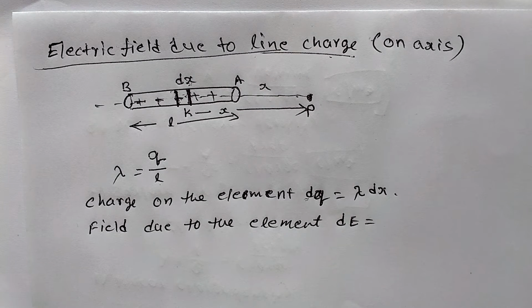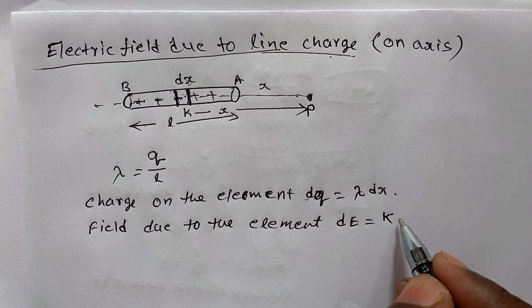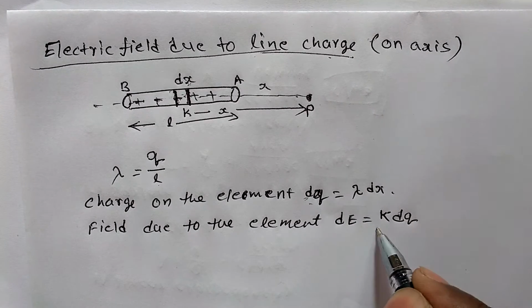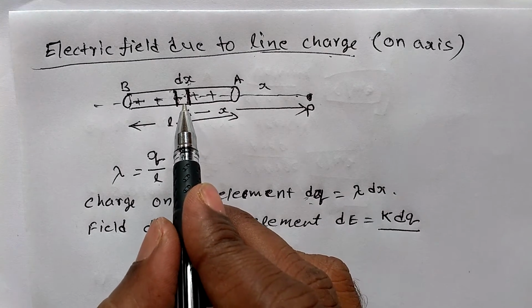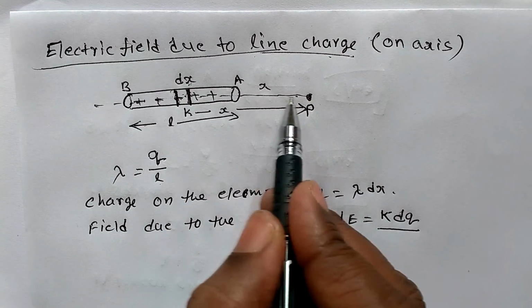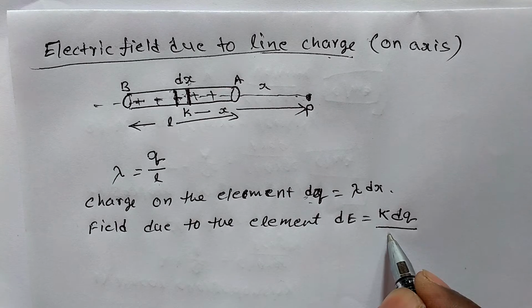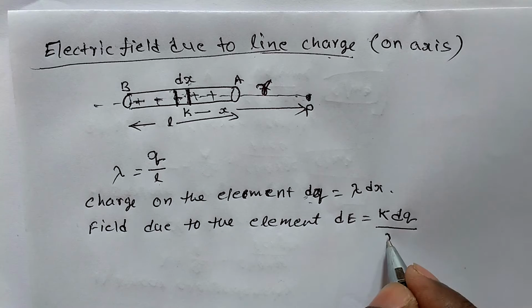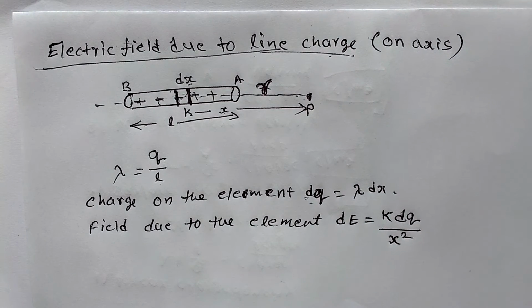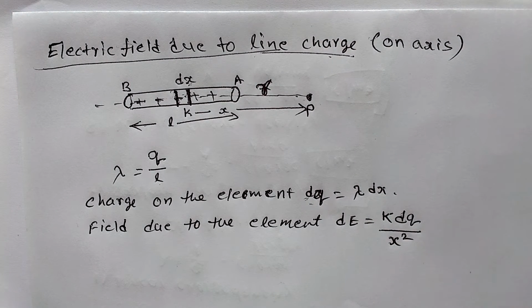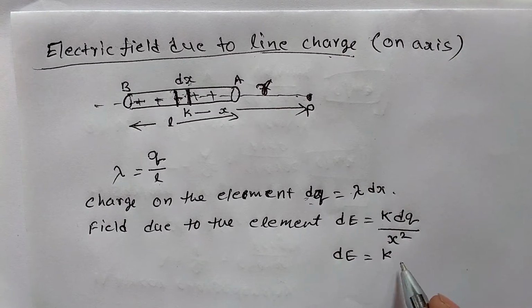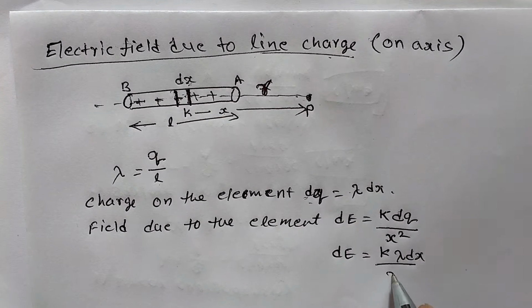Here k is 1 by 4 pi epsilon naught, a constant, and q, the charge of the element, is dq, and the distance between the element and the selected point is x. So x square. Now dE is equal to k into dq, which is lambda into dx by x square.